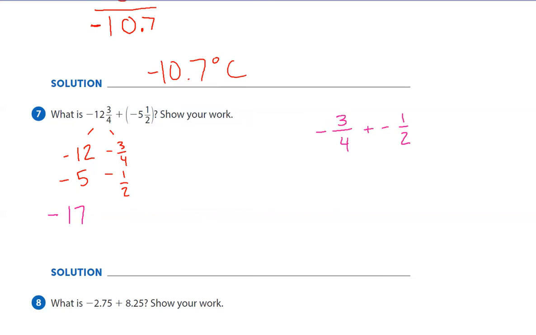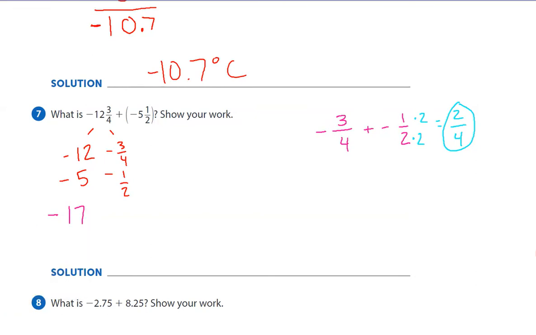So we need this 4 and this 2 to somehow be the same number. Well, the easiest thing's going to be to change this 2 into a 4 by multiplying by 2. But if I do that to the denominator, I also have to do that to the numerator. So this fraction is now 1 times 2 is 2, 2 times 2 is 4.